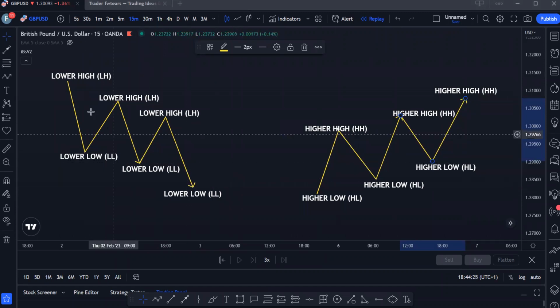Just know that in a downtrend, the first word is lower, and in an uptrend, the first word is higher. So higher highs, higher lows, higher highs. Now, learn that, master it. You might want to take a screenshot of this page, so that you'll be able to master it quick.